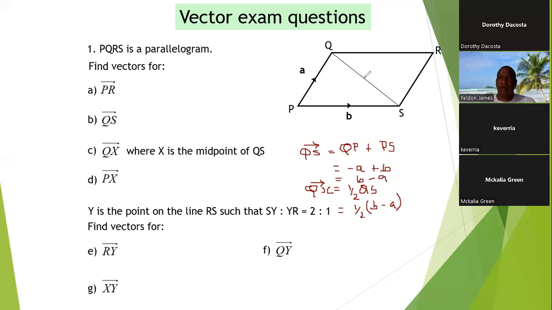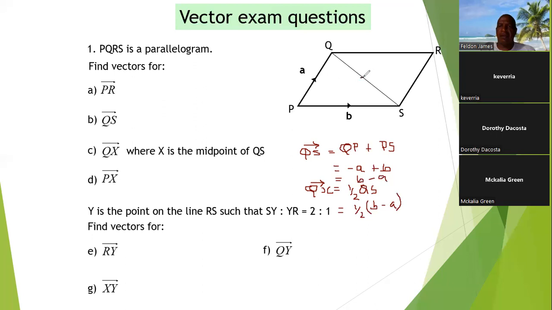All right, so the other one now, you would have to find now from P to X. Now to find P to X, which other direction could you go to go from P to X?